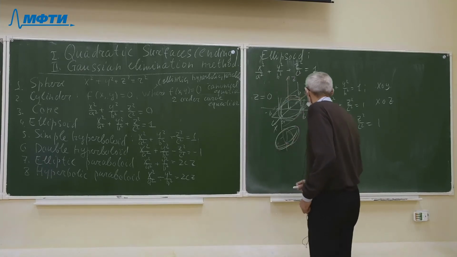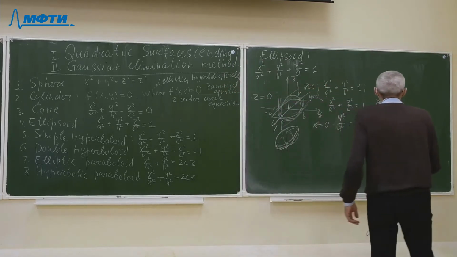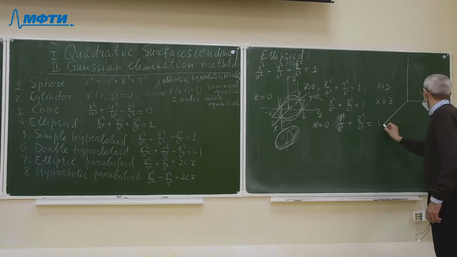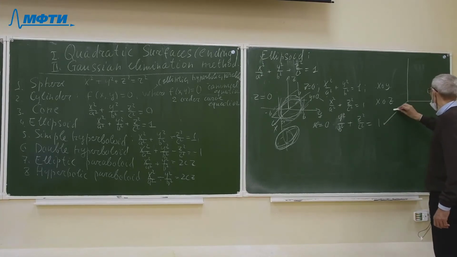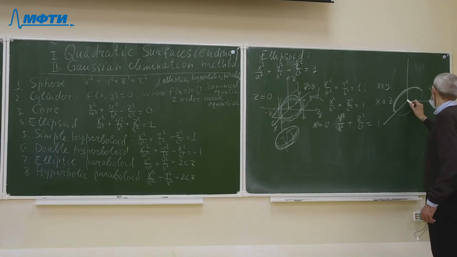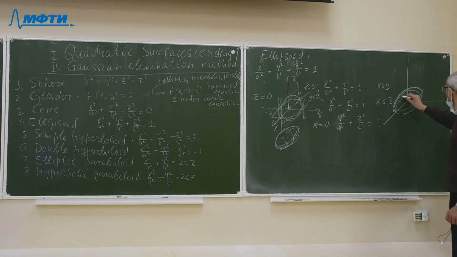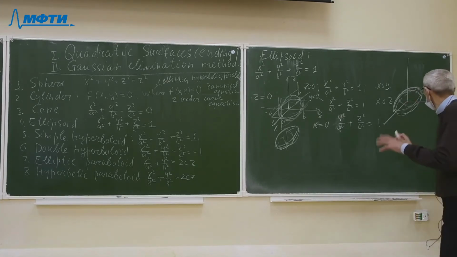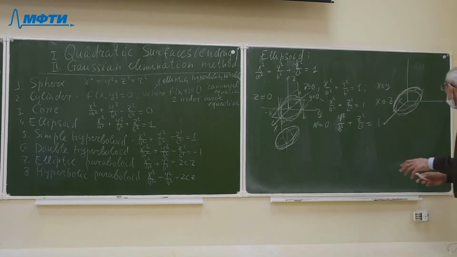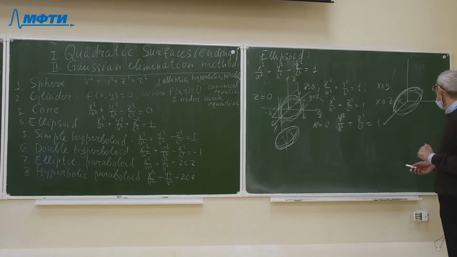We obtain that the sections of the surface by all the coordinate planes are ellipses.